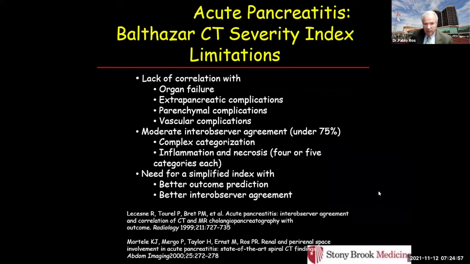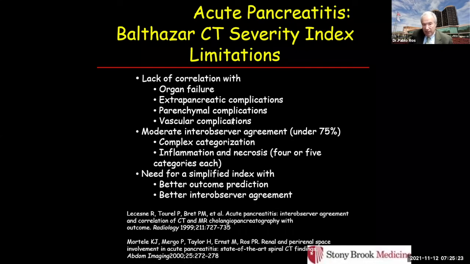The limitations, among the centers that use the Severity Index: in the Balthazar criteria, there's no consideration for organ failure, there's no consideration for extrapancreatic complications, or parenchymal, meaning kidney or liver or spleen, or vascular complications.